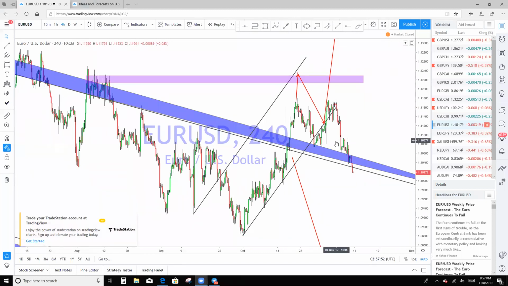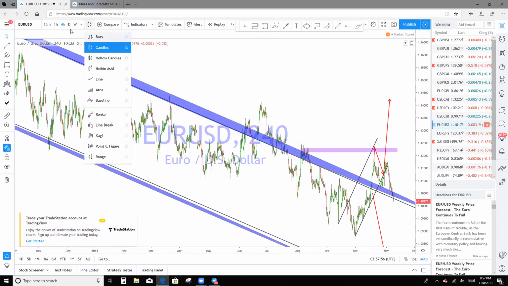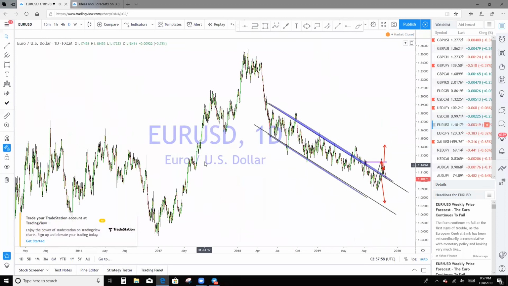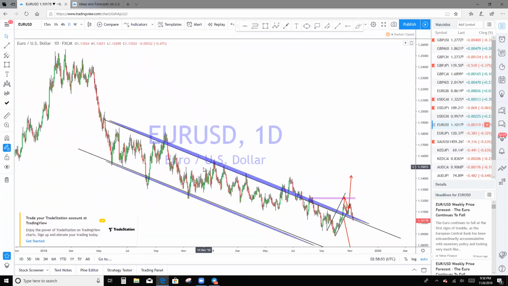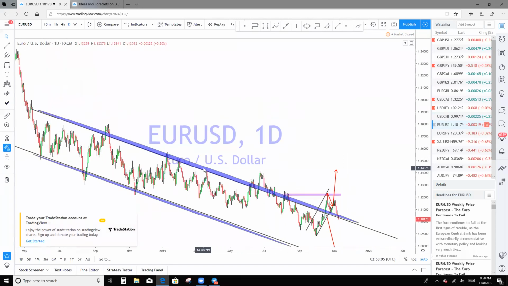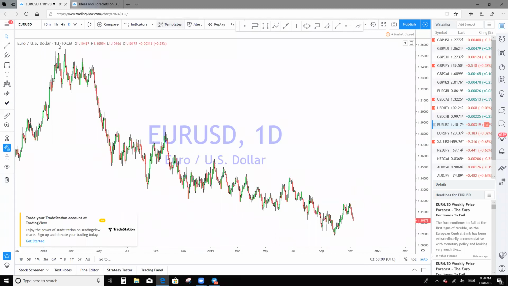All right. So Euro USD. Let's look what I got. Honestly, I'm thinking short. No, I don't know. Let's just re-mark it. Euro USD. This is just so weird.